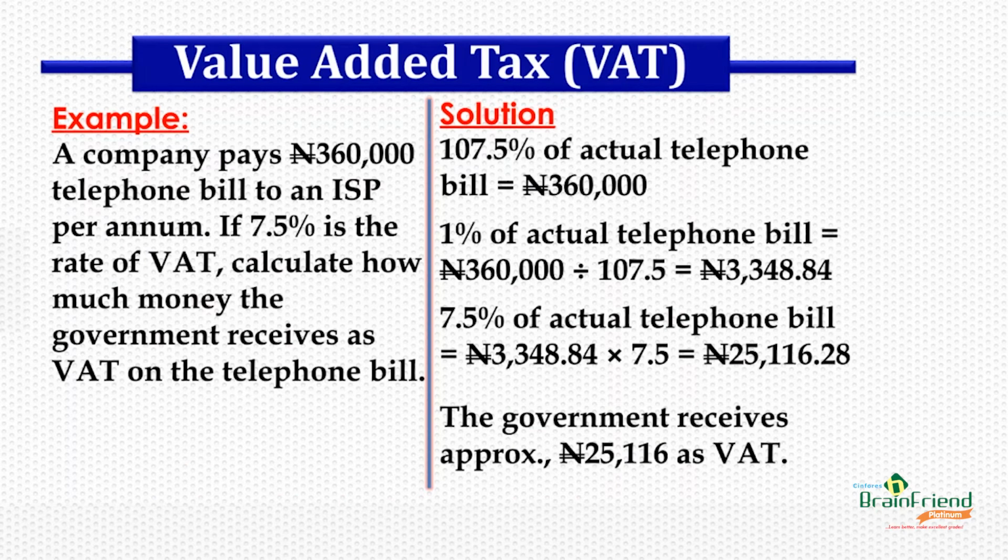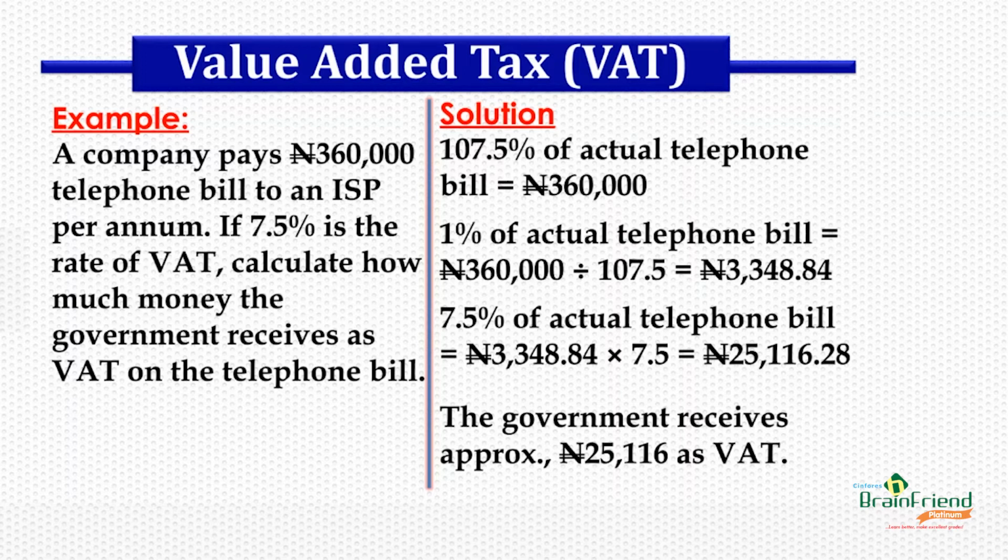Now, let's look at another example to better understand how VAT is calculated. A company pays 360,000 telephone bill to an ISP per annum. Now, ISP simply stands for Internet Service Provider, while per annum means for a year.